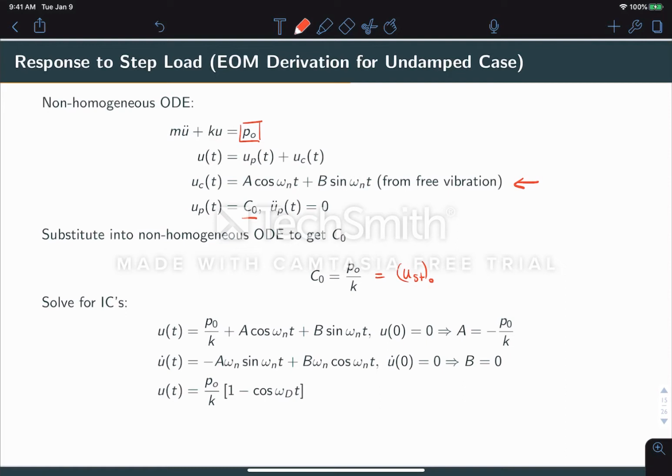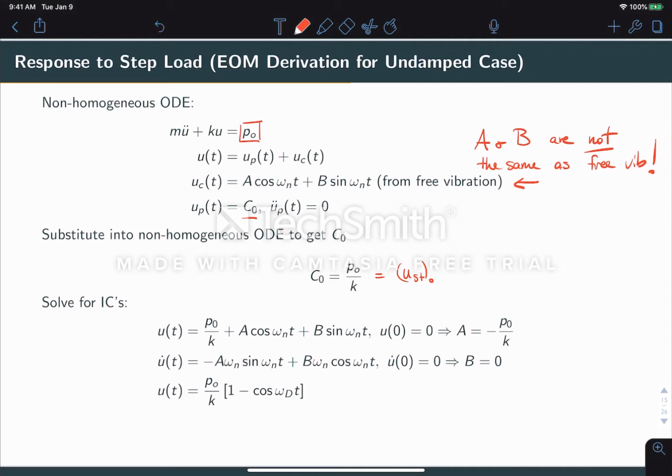Keep in mind that it is not correct to assume that A and B are the same as the free vibration constants, right? So I'm just going to emphasize that. So we need to solve for them again using the new solution.